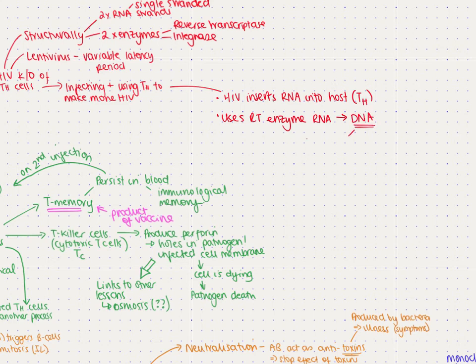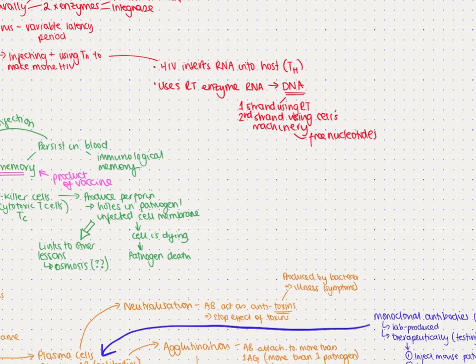So we can make one strand using reverse transcriptase and the second strand using the cell's machinery. So that is to say that we're using the free nucleotides that are floating around in the cytoplasm.